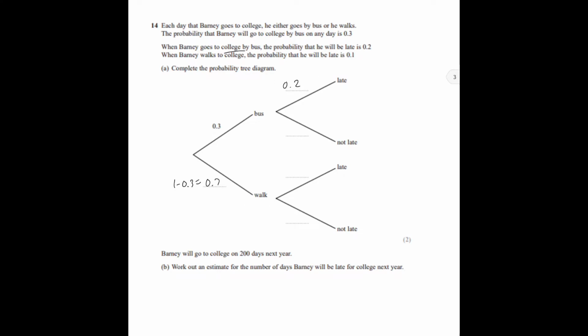Remember, the probability of 0.2 is Barney taking the bus and being late, and the next probability is Barney walking and being late, which is 0.1. So we know total probabilities add up to 1. So 1 minus 0.2 should give us 0.8, and 1 minus 0.1 should give us 0.9.